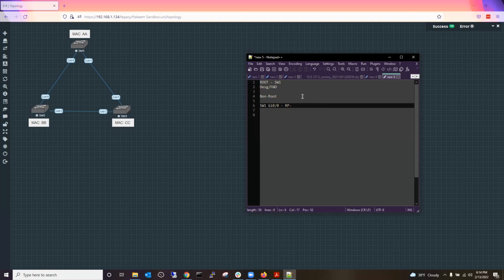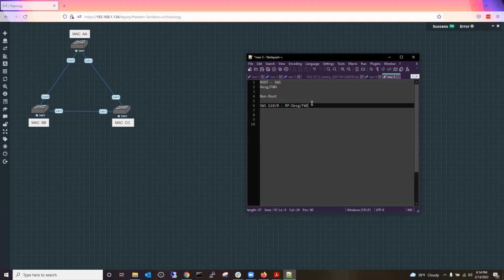And so if you analyze that, what does that mean for you? That means to me that switch 2's root port is going to be gigabit 0/0 because it's the fastest bandwidth to switch 1.